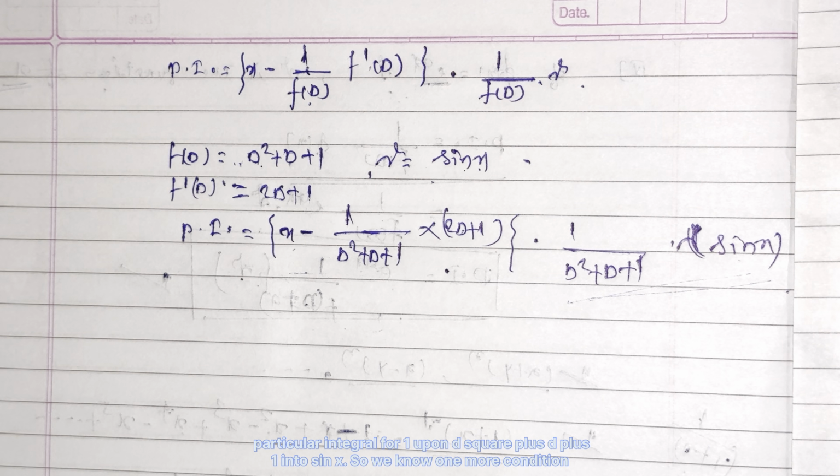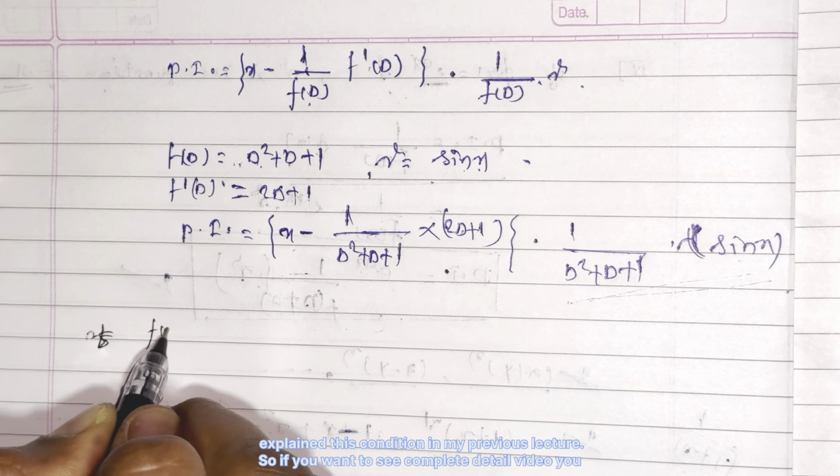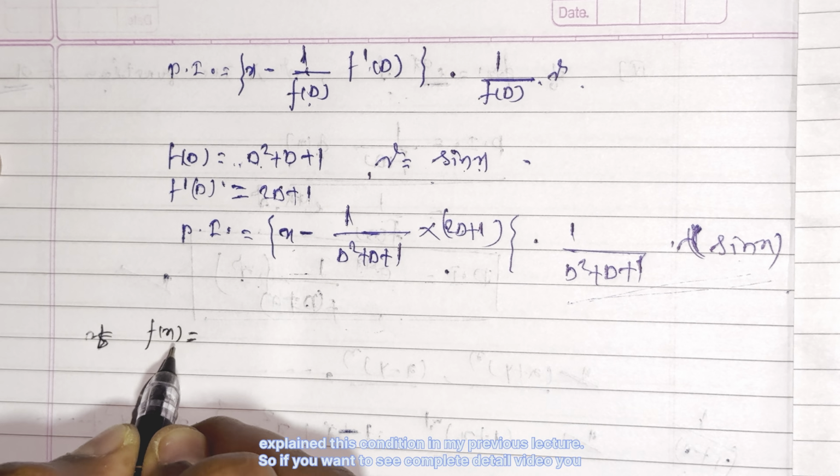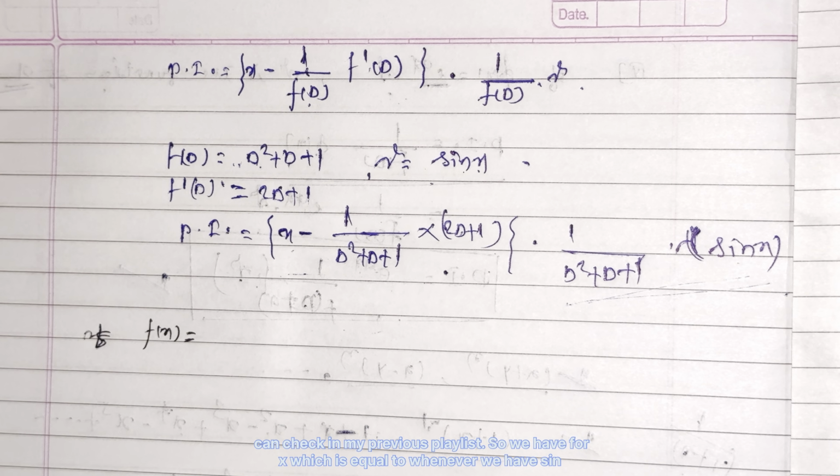Yes, we know one more condition, and I'm going to write this condition. See here, guys, I already explained this condition in my previous lecture. If you want to see the complete detailed video, you can check my previous playlist.